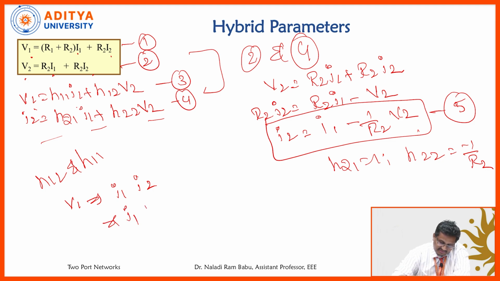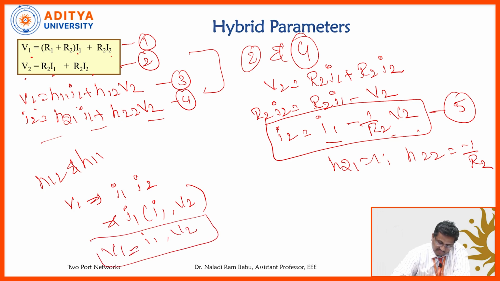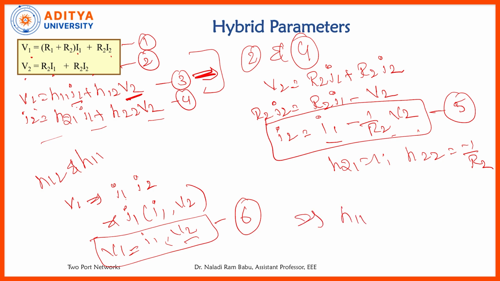Let it be expression 6, and equation 3 is V1, I1 and V2. So, comparing equations 3 and 6, you will be getting the values of H11 and H12. In this manner, we need to calculate the values of the H parameter equations from a given circuit using KCL and KVL equations.